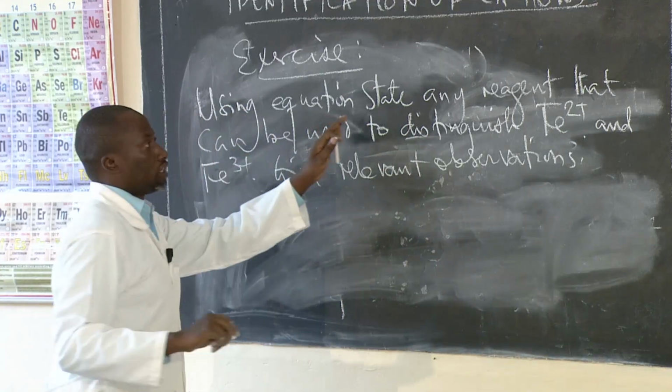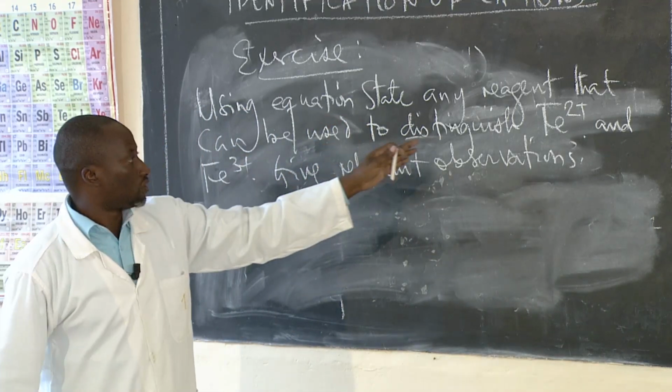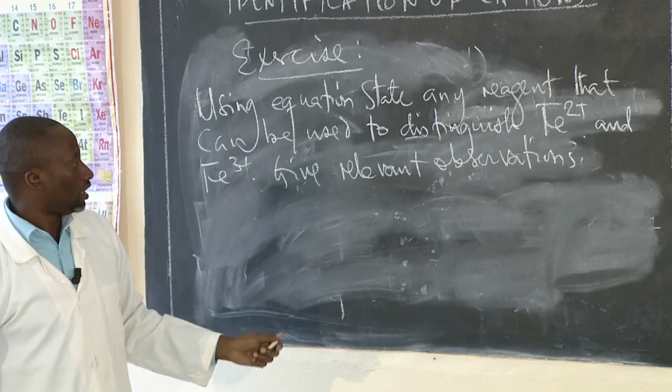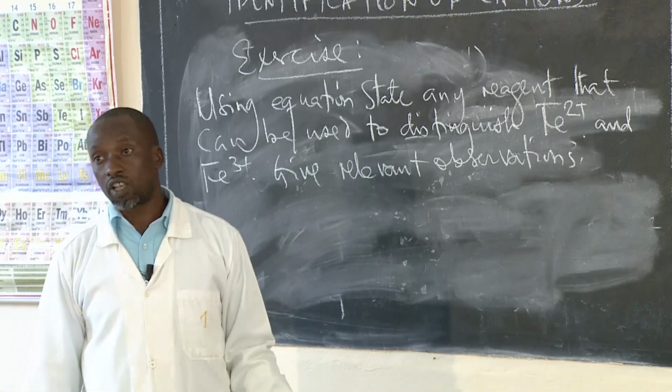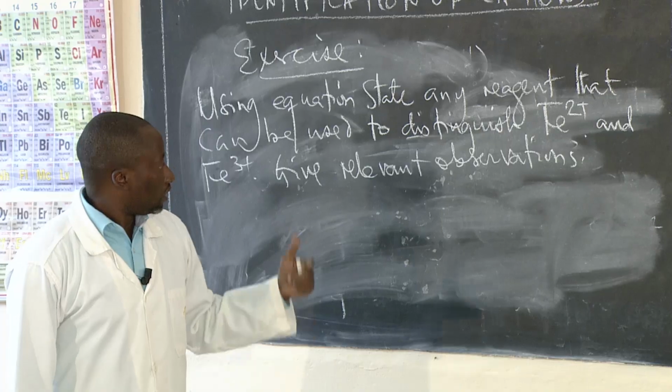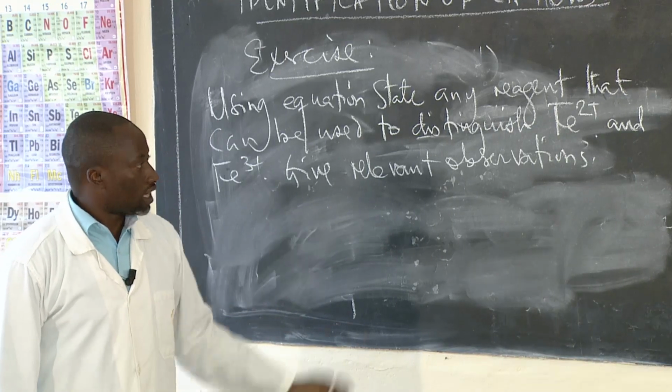Using equation, state any reagent that can be used to distinguish iron 2 and iron 3, give relevant observations, and you'll answer that one.